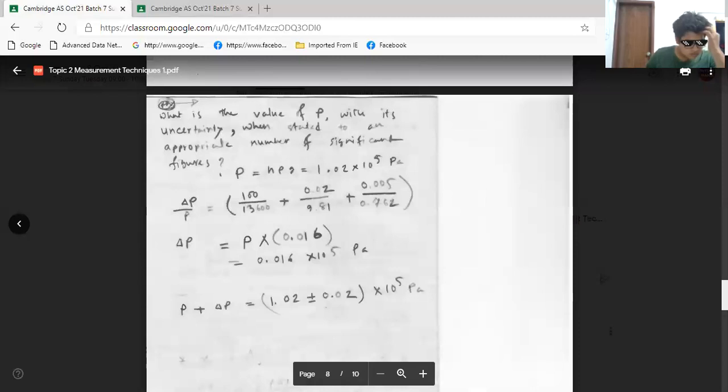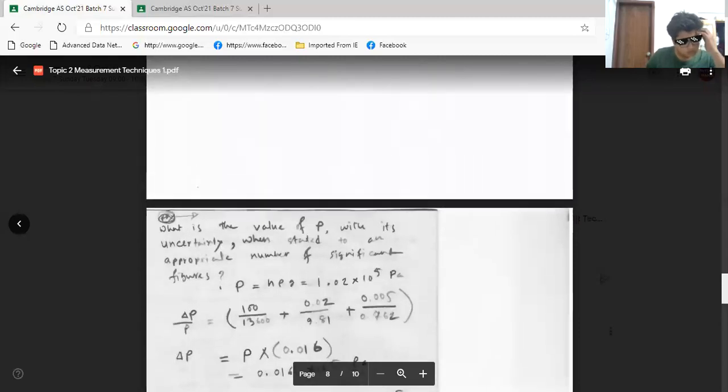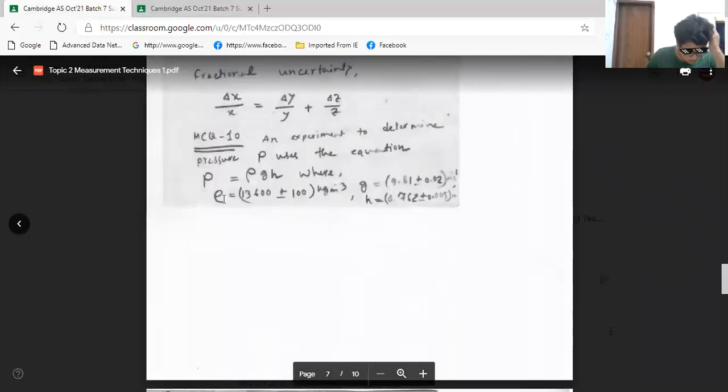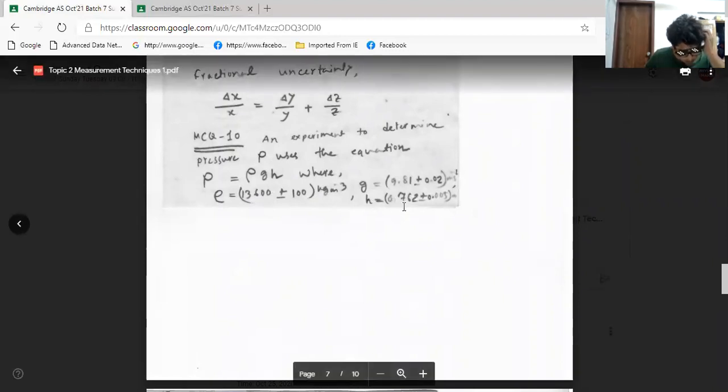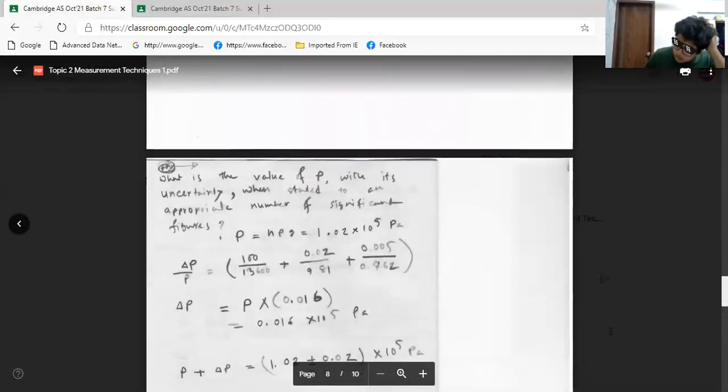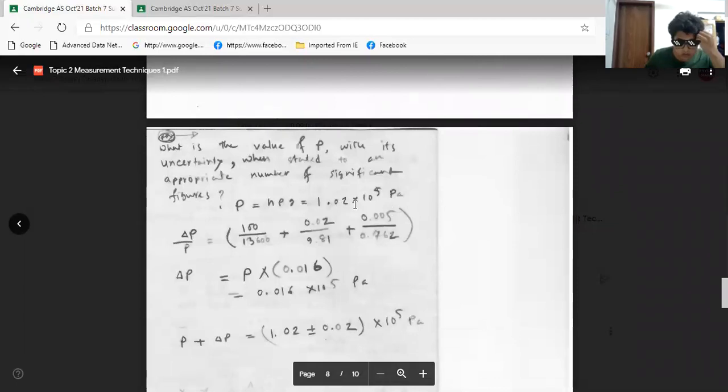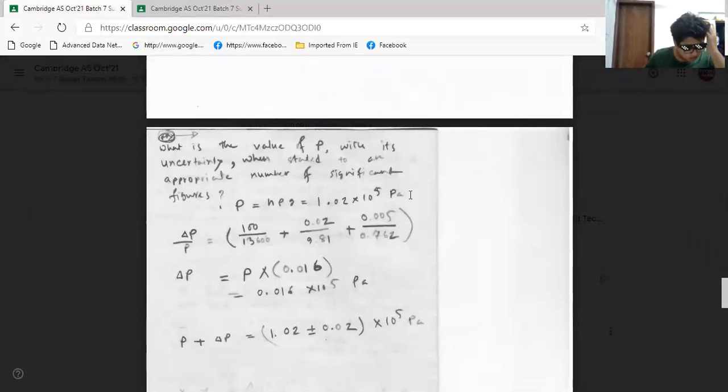You got the measured values, right? For rho it was 13,600, for g it was 9.81, and for h it was 0.762. These are measured values. So when you multiply these three values, you get 1.02 into 10 to the power 5 Pascal.